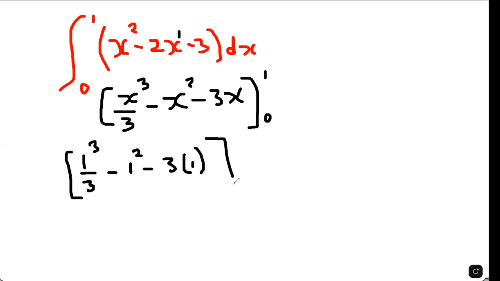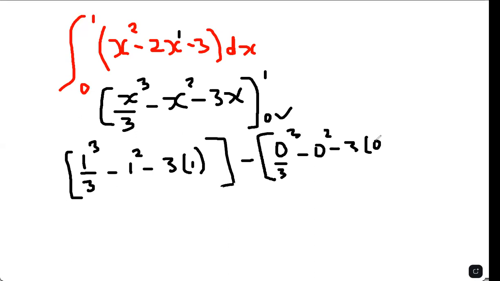Now, they will tell you that whenever the lower limit is a 0, do not even bother subtracting anything because everything is coming out with 0, for as long as x values are there. But let's see. We're going to say 0 power 3 over 3, minus 0 squared, minus 3 times 0. So our right hand side, the answer is just 0.